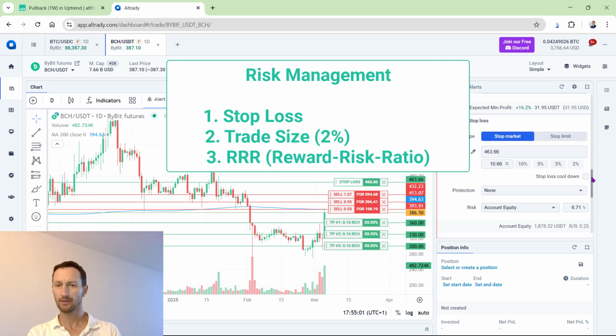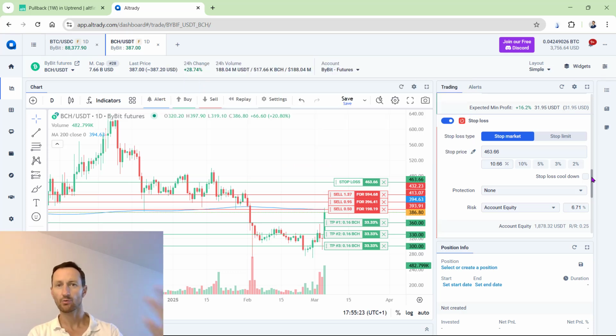All right. Now, I also want to use a stop loss. Very important when trading are three things. Using stop losses, the right position size, meaning less than 2% of your portfolio should be at risk. And the last thing is the right reward to risk ratio. How much are you willing to lose versus how much you're going to gain potentially.